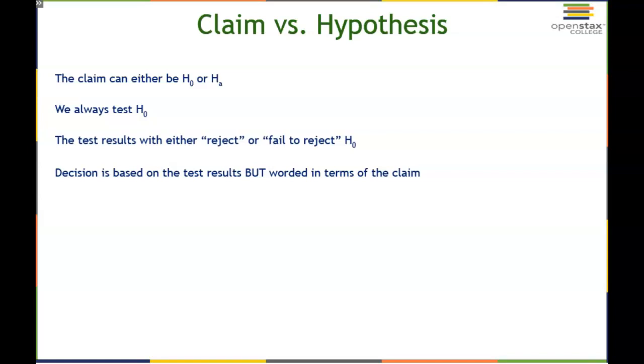And I'll get more into that later on, but keep these things in mind. The hypotheses always come in a pair, H0, H null. The claim is one of those. We only test H0. The test results are either a reject or fail to reject. And our decision is based on the test results, but is worded in terms of our original claim.